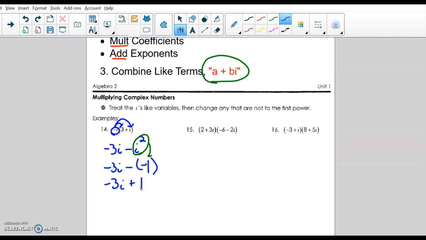The last thing we have to do is write it in the form a plus bi. So we have to switch these. The 1 is coming over here and the 3i is going over there. Make sure the signs stay where they're supposed to be. The 1 is a positive 1, and the negative 3i stays negative 3i. And that is the multiplication of number 14.